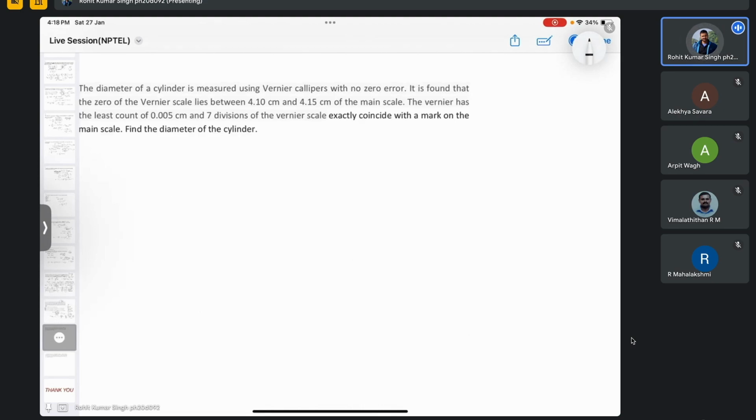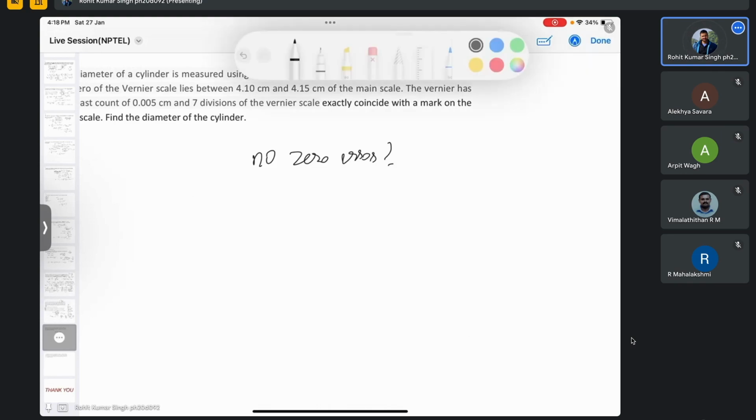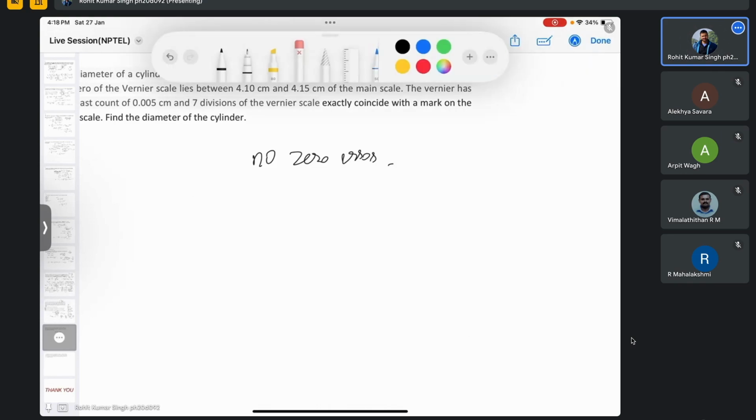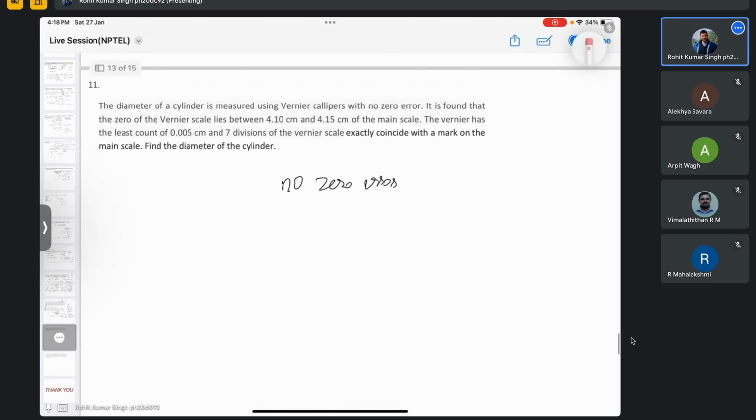Okay, so there is no zero error. Anyone know what zero error means? There is no zero error. Anyone can explain what is zero error in the vernier caliper?